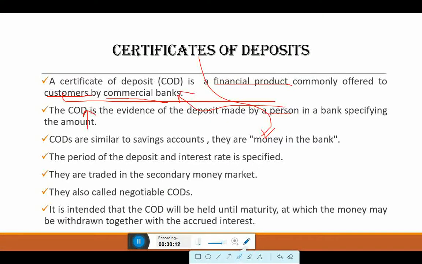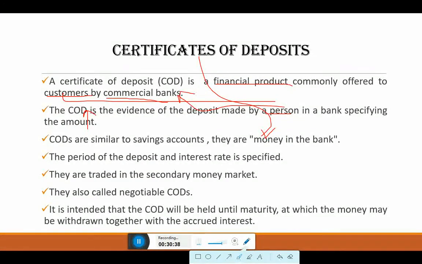If their customers are willing to deposit a certain amount of money for a certain period of time. So what happens is that, for example, Ahmad wants to deposit, for example, $1 million in Afghanistan International Bank. Against that, Afghanistan International Bank will issue a certificate of deposit.